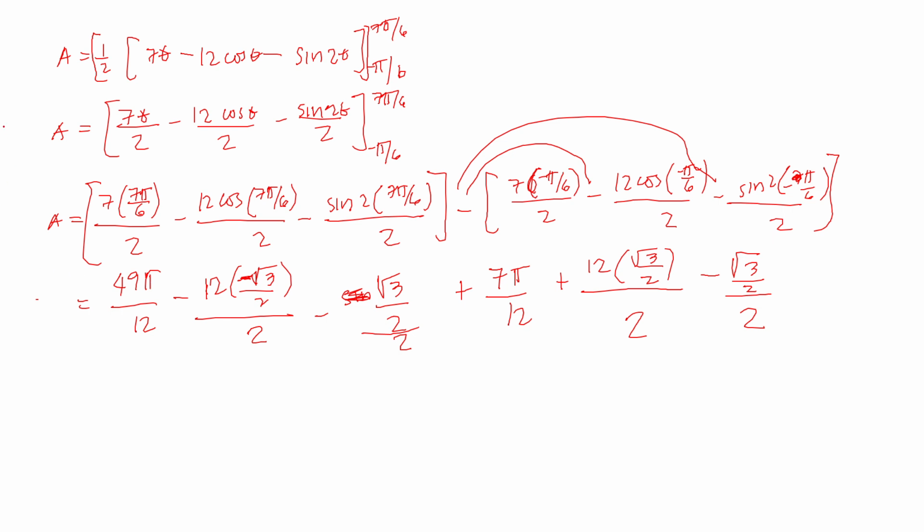So negative. And this becomes 49 pi over 12 plus 7 pi over 12 rather.